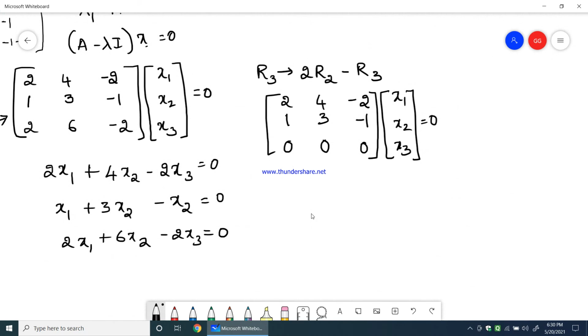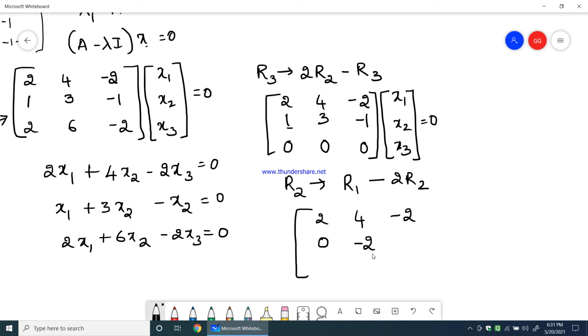Now I will see whether I can make this element 0 as well. So let me verify that. Here R2 equals R1 minus 2 times R2. If I do that, what will I get? I get 2, 4, minus 2. So 2 minus 2 times R2, which is 0. 4 minus 6, right? 3 twos are 6.